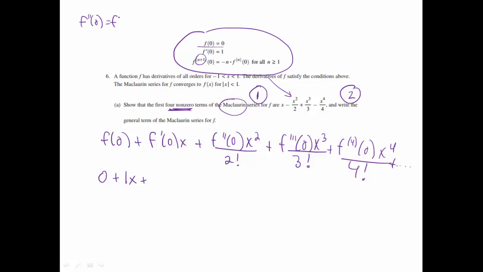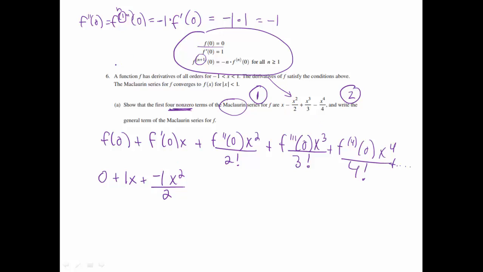So this is really f of 1 plus 1 of 0, which is equal to negative n times f to the n, with n being 1. So it's negative 1 times the first derivative at 0, which is 1, and that is equal to negative 1. So f double prime is equal to negative 1 x squared over 2 factorial, which is 2. So notice I've now verified that second term.